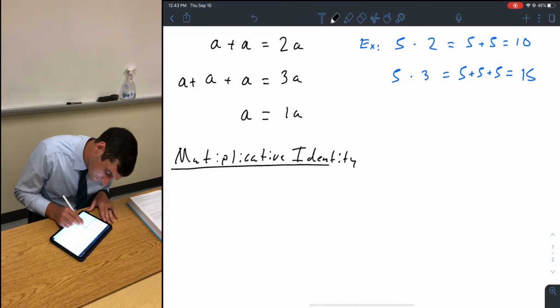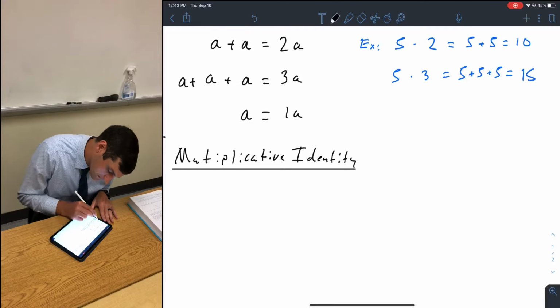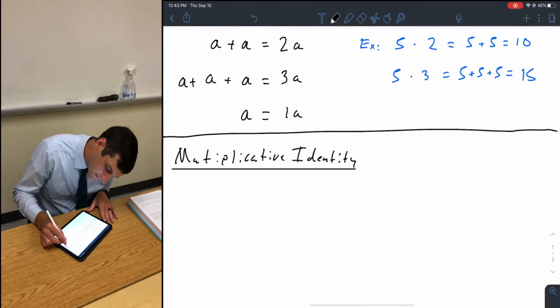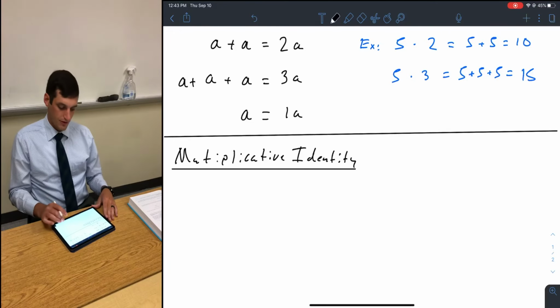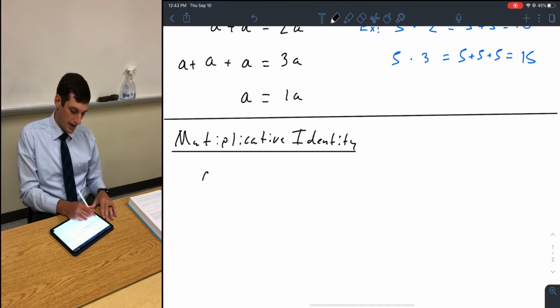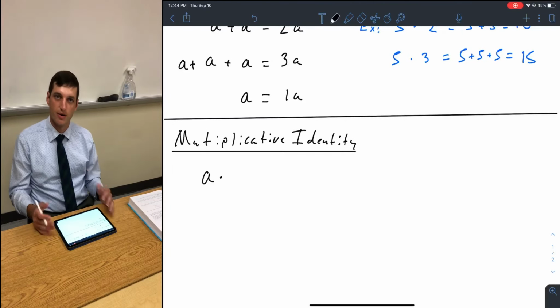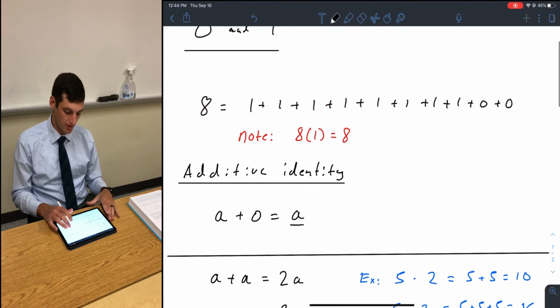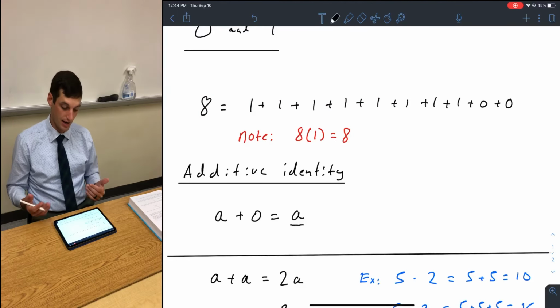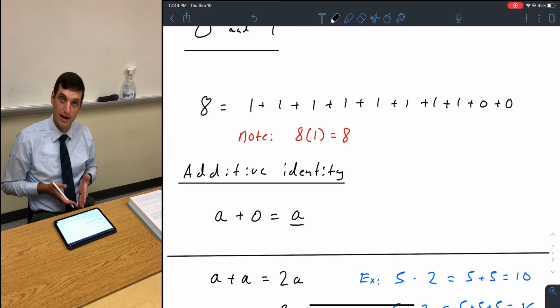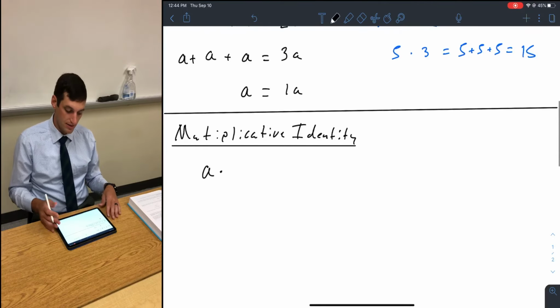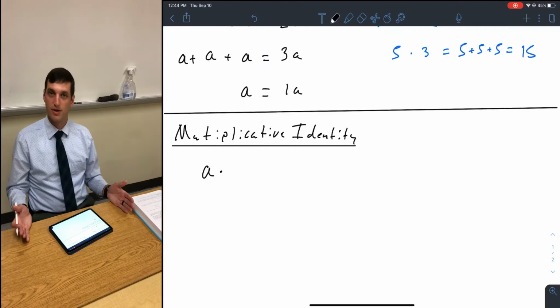So if I was going to multiply, we'll go back to A, talk about the number A. I'm going to multiply it by a specific number, and I want to get the same number as a result. So we look up here, 0 being the additive identity, added to A is equal to A. So that means, what other could it be?